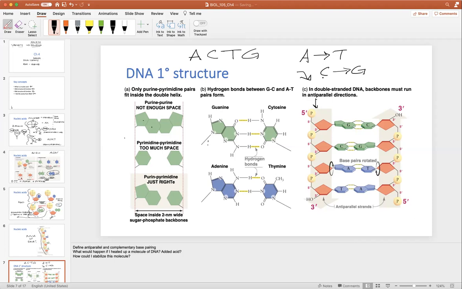Another thing that I want you to notice is that on this particular strand of DNA, we have one end where the phosphate's on the top and the OH is on the bottom. So this strand is oriented from the 5' carbon to the 3' carbon, okay?